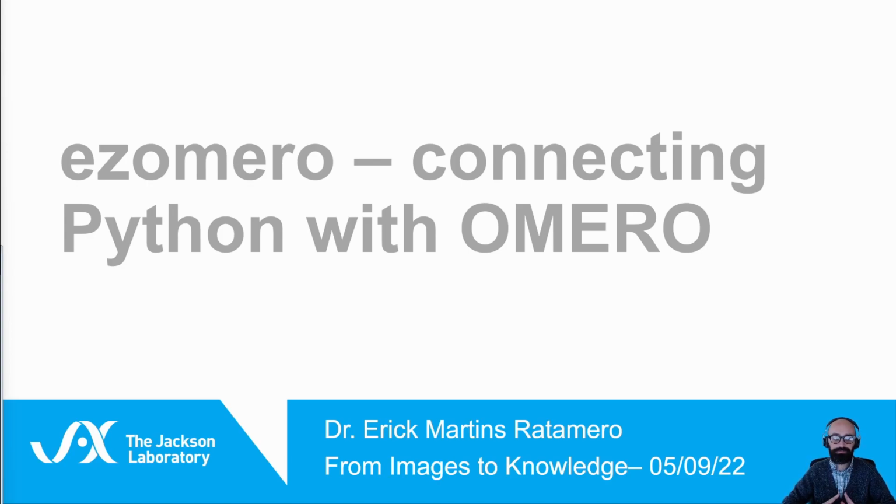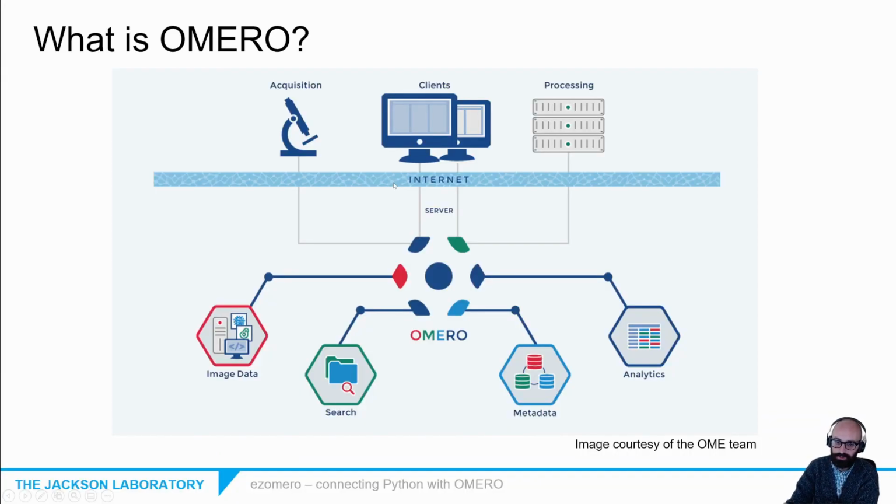Okay, so I'm going to introduce you very quickly to ezomero, which is a library that we have created to make Python code that talks to OMERO in a simpler and cleaner way. If you have not heard about OMERO before, OMERO is a data management platform that is geared towards microscopy data.